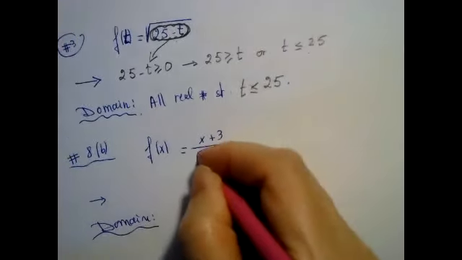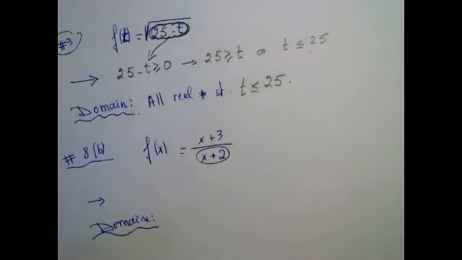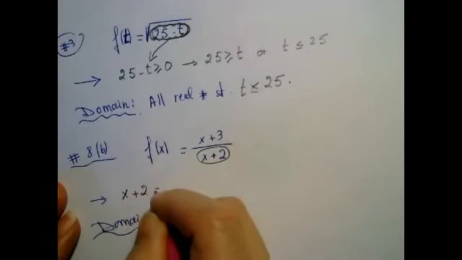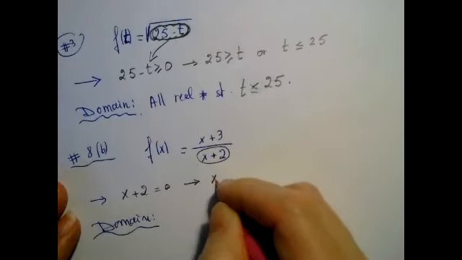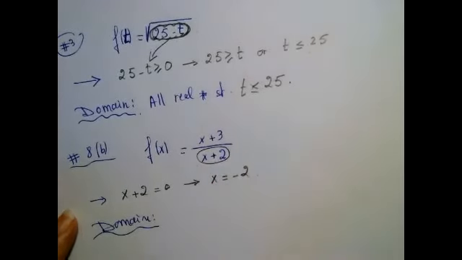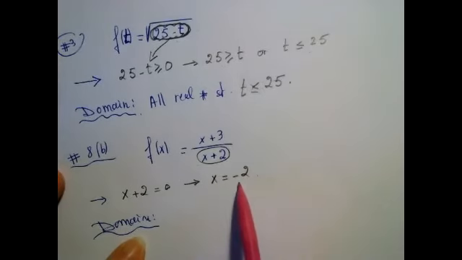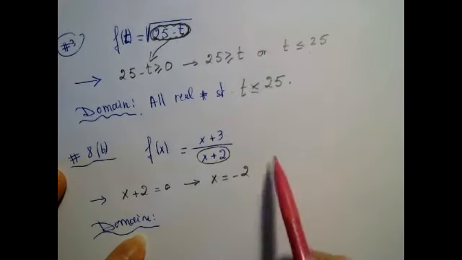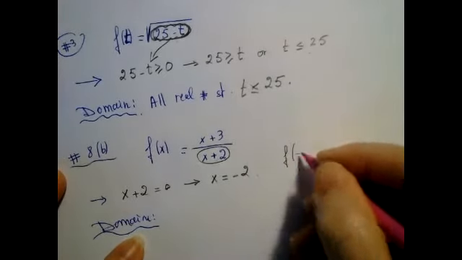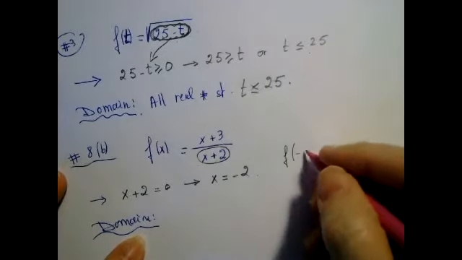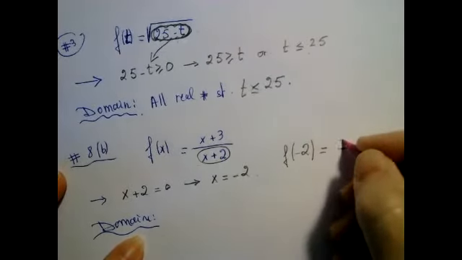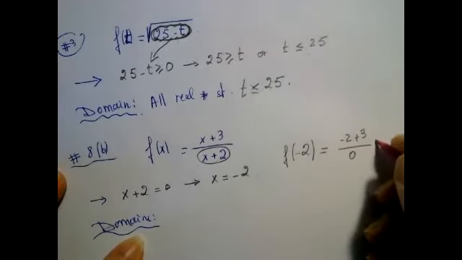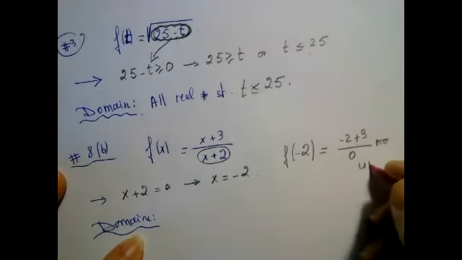Do you set the denominator equal to 0? Right. Every x that makes the denominator equal to 0 is problematic. So I'm going to set the denominator equal to 0, which will give me x equals minus 2. If I input minus 2 in here, I will have minus 2 plus 3 over minus 2 plus 2, which is 0 in the denominator, which is undefined.